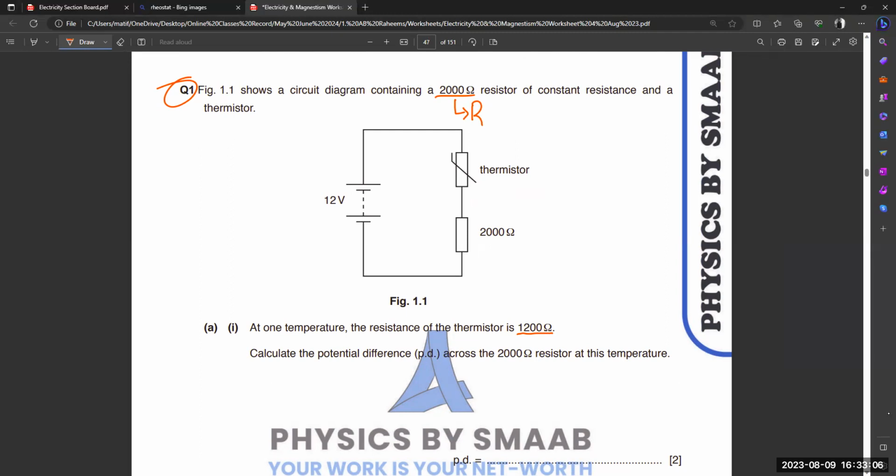So now we have two values, 1000 ohms for the thermistor and 2000 ohm for the resistor, and we need to find the potential difference across the 2000 ohm resistor at this temperature. So any idea how to find the value? All values are in front of you. Try to solve that. How can we solve this question?